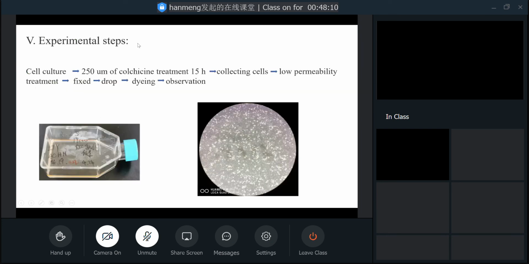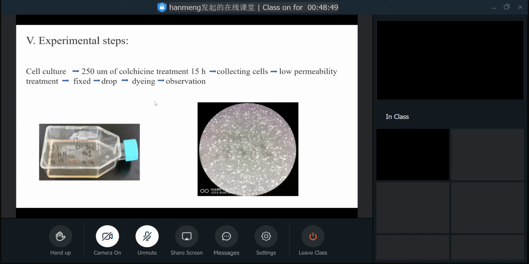Then are the experimental steps. First, I am sorry, because this experiment will continue for about 3 hours, I didn't take a good video for you.